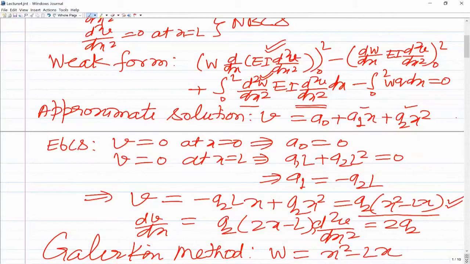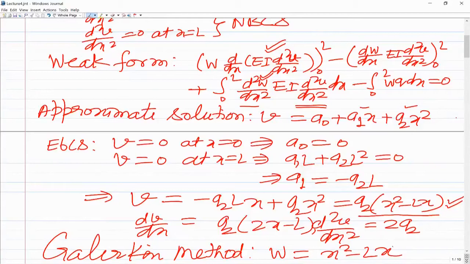This is actually shear force, so we are treating that as an unknown. But what about w? Because at these two ends the corresponding variable v is specified, we will not know what is the value of shear force. So we look at the values of w.